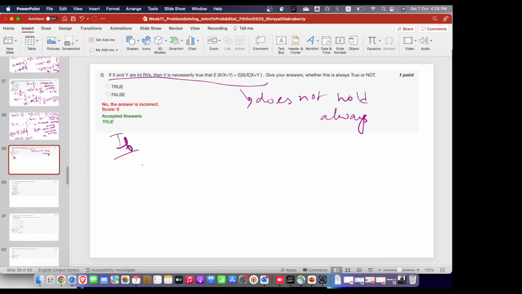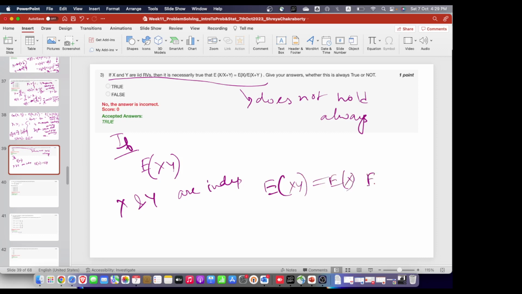If x and y are independent, then expectation of xy equals expectation of x into expectation of y. But the two variables have to be independent; there cannot be any dependence between them.